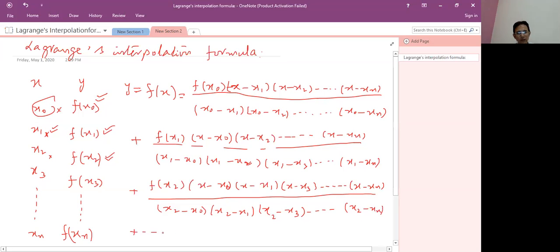and plus, student, up to so on. We will consider as it is. This is a procedure.